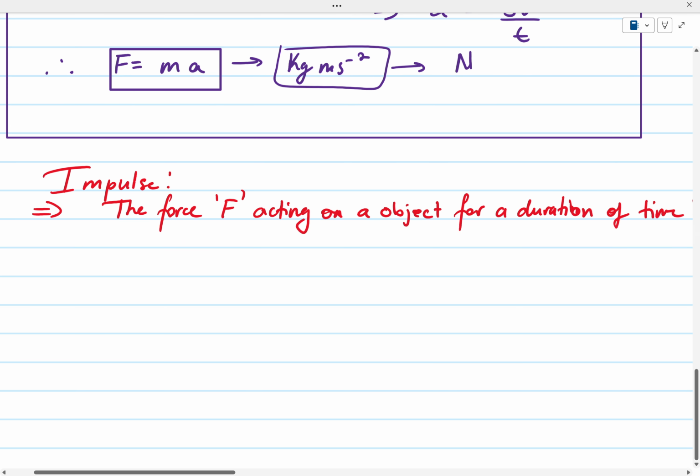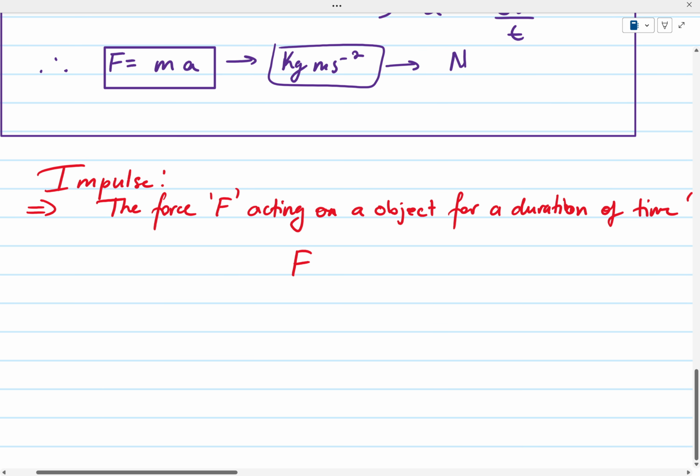So what we're saying is that we have the force for a period of time s, and s in this case is seconds. I'm specifically stating that because if you say s anywhere, you might say displacement, but in this case it would be seconds.